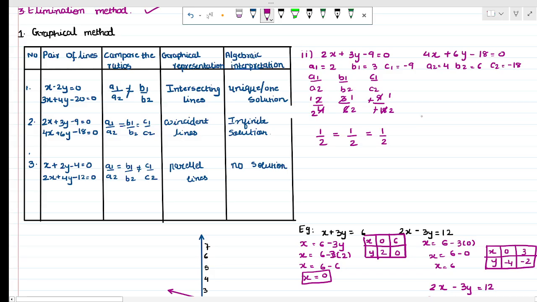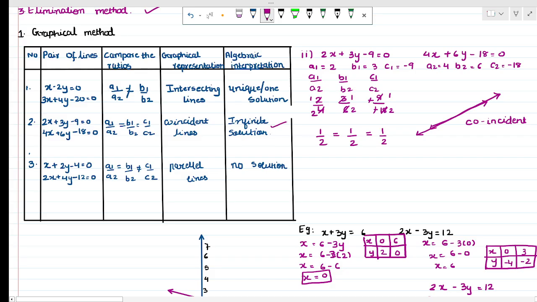What does a coincident line mean? It means that if my graph is in such a format, my other graph will also be in the same manner. This type of graph is called coincident lines. And what type of solution does it have?